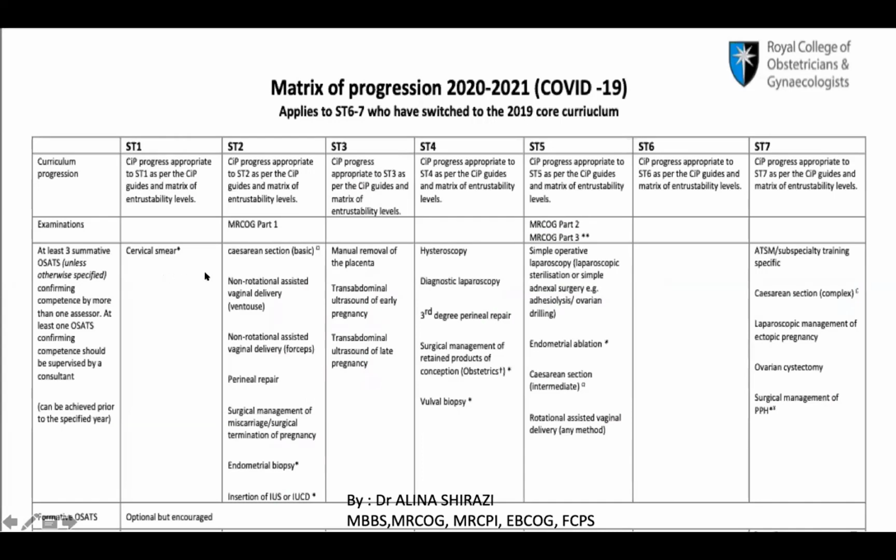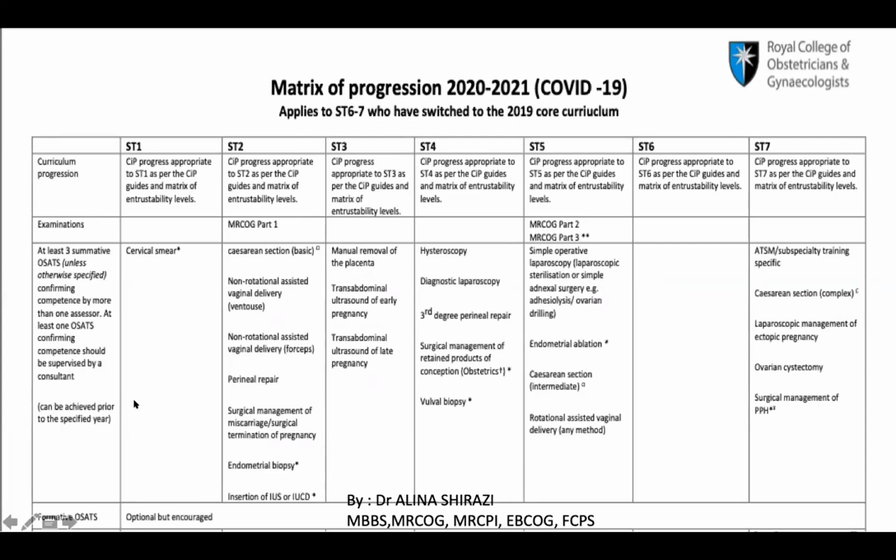If the 3 summative OSATs aren't signed, they are not allowed to enter training at the level of ST2. At the level of ST2, they are expected to have signed-off procedures like basic cesarean section, ventouse delivery, non-rotational forceps delivery, perineal repair, episiotomy, surgical management of miscarriage, endometrial biopsy, and insertion of intrauterine system or IUCDs. Without having the 3 summative OSATs related to these procedures, they are not allowed to enter ST3 training.